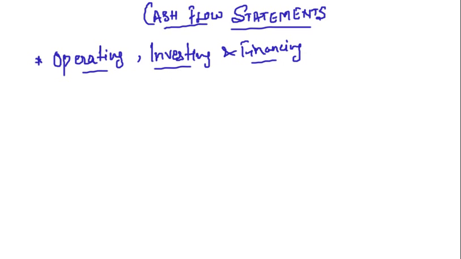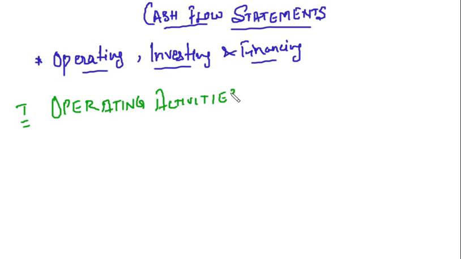So now, first we'll start with operating activities. Right? First we will learn how to prepare cash flow statement for operating activities. For that, what is the first step?